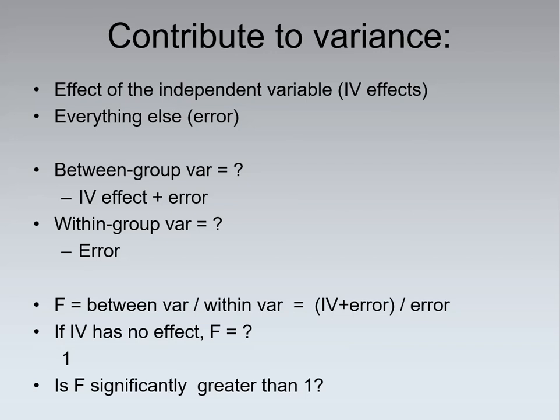Let's take a look at things that contribute to variance. So we have the independent variable effect, and then we have error, or everything else. In a between subjects ANOVA, the reason this is the case is because all we are able to know about is the independent variable effect.